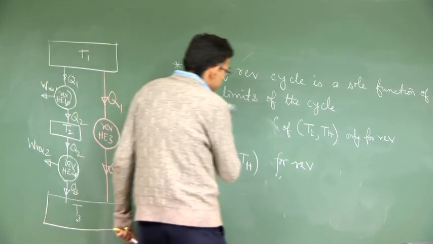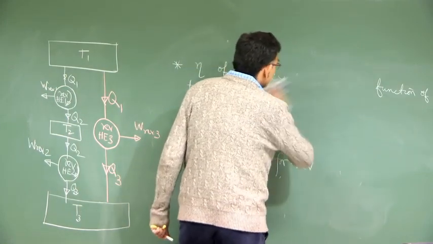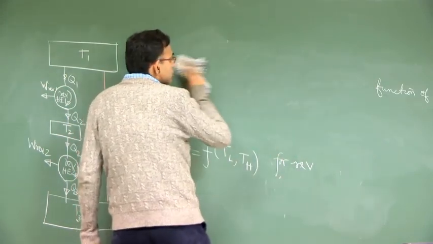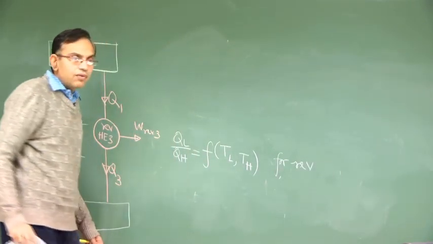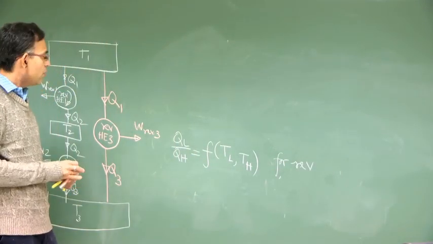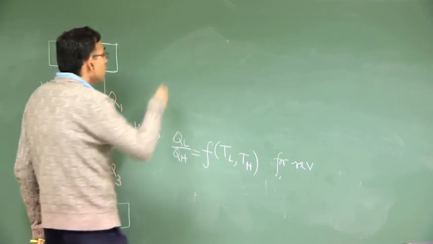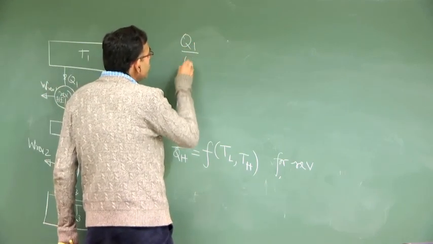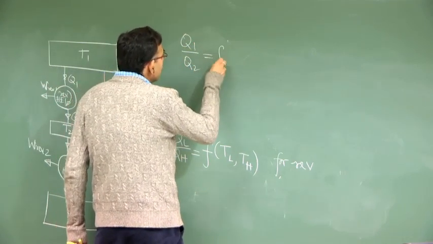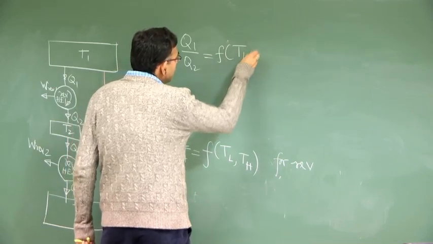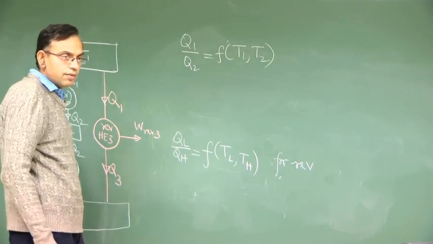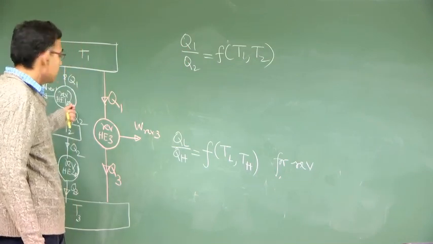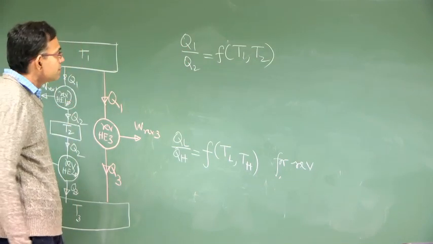Now, all these are reversible, therefore, we can write Q1 by Q2 is a function of T1, T2, right, because this is reversible heat engine, right.